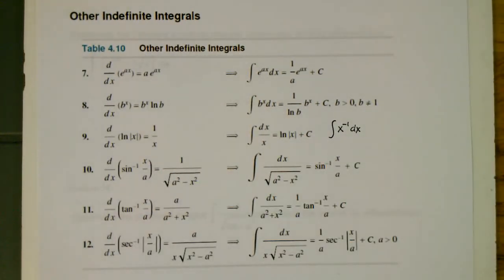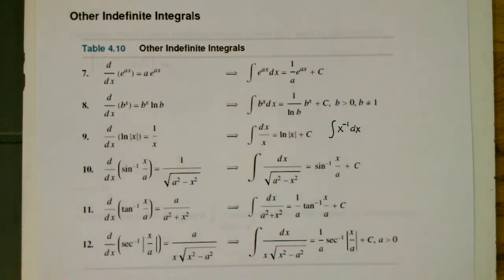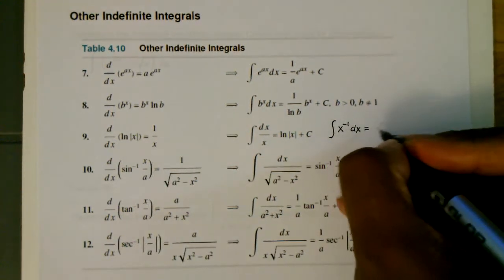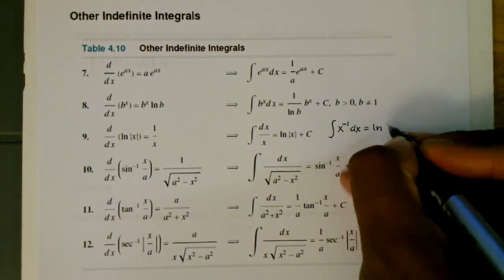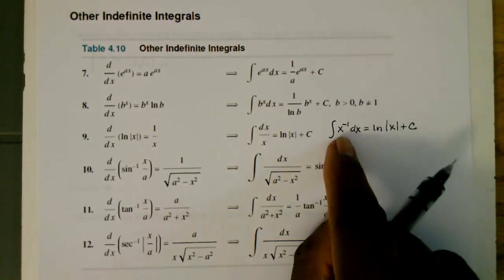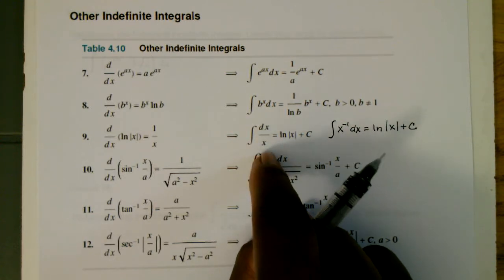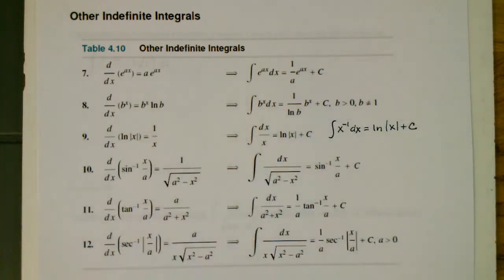If you recall back in the first video of this section, we cannot have this exponent be negative 1 when we're taking the integral because it would be undefined. But now we do have this, ln of absolute value of x plus c, because x to the negative 1 is 1 over x times dx, and we can take its integral as the natural log of the absolute value of x plus c.